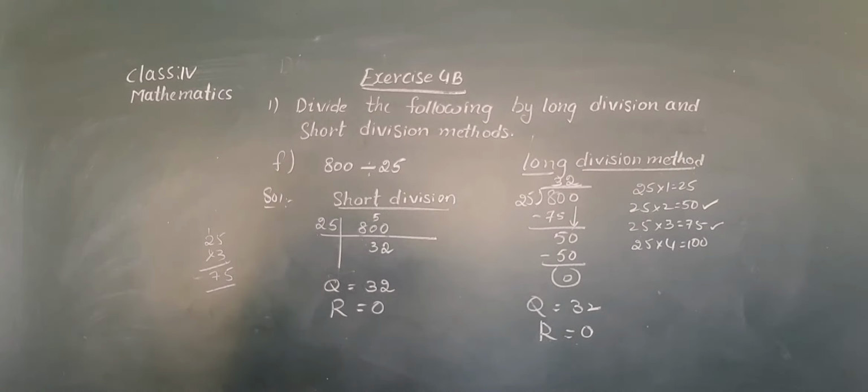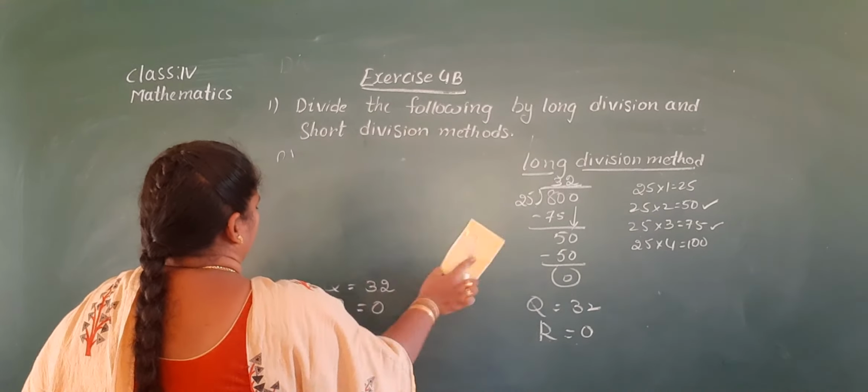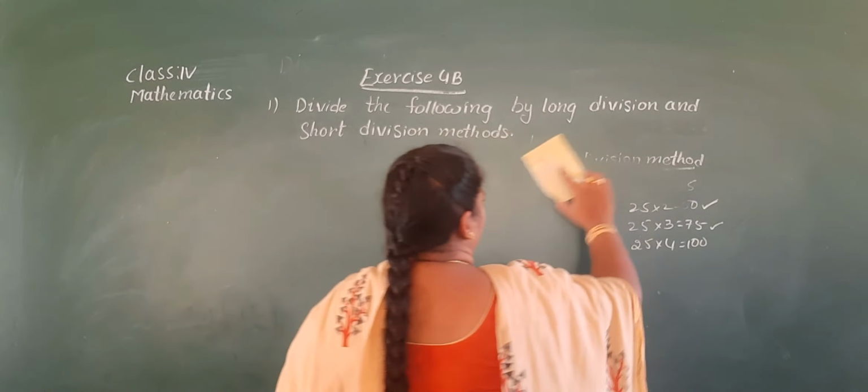And the last problem. 576 divided by 32. So one more problem, H. 576, that one you do as homework, the same model only, no?